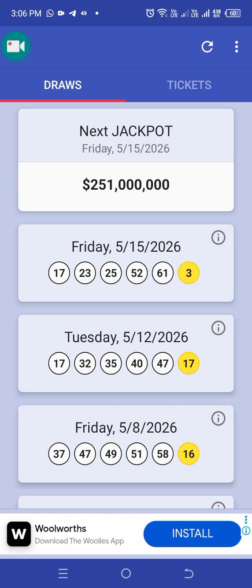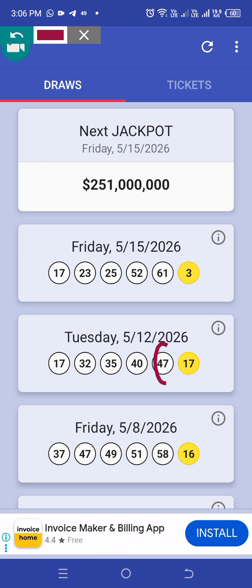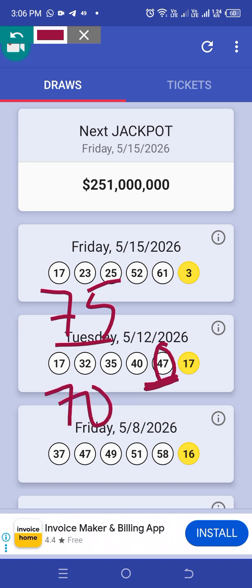All right. Let's move. So as you can see, if we add the last number with 75, we can still use the last number with 70 as well, or 85. They like to use these three big numbers on Mega.